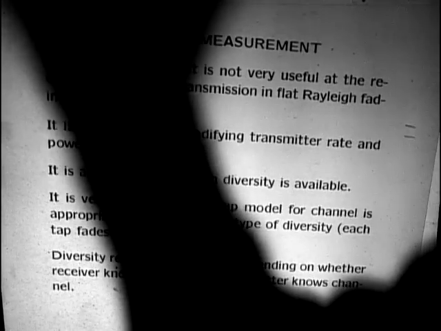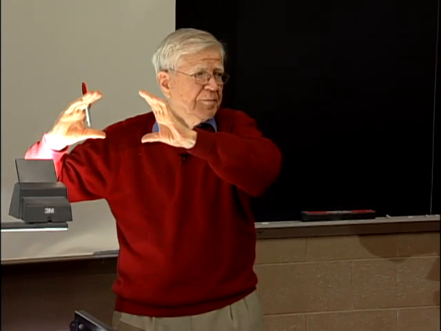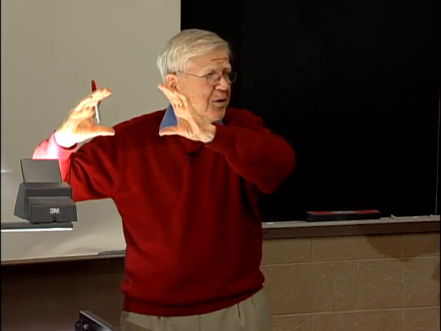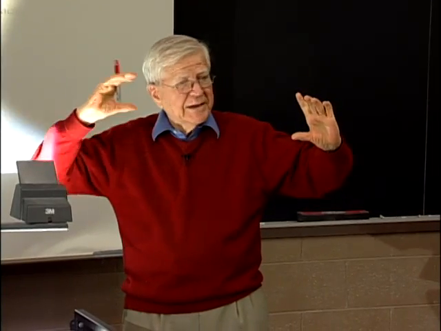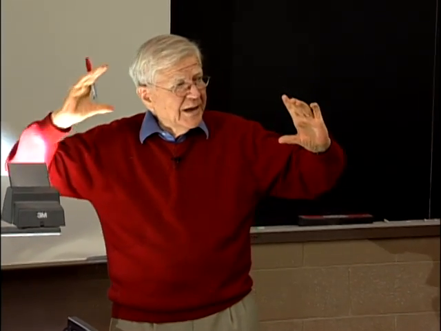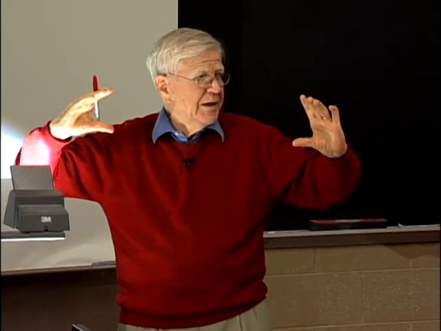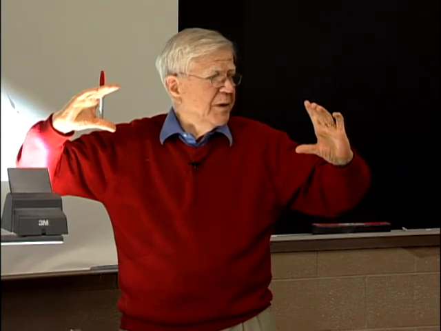On this reception, you get another amount of fading. If I don't know how much fading there is, it doesn't help me an awful lot. It helps me some. But if I know that this channel is faded badly and this channel is not faded, then I'm going to use what comes out here instead of what comes out here. And then my detector is going to work much, much better.